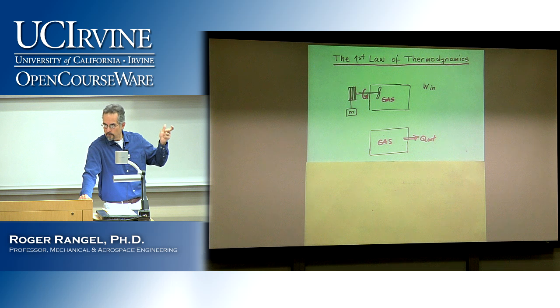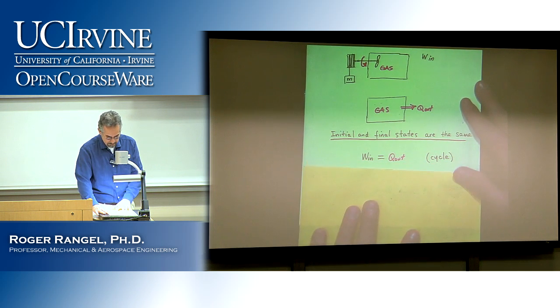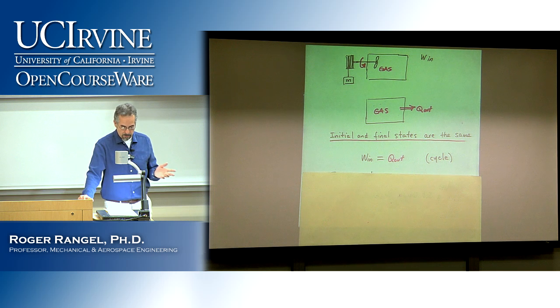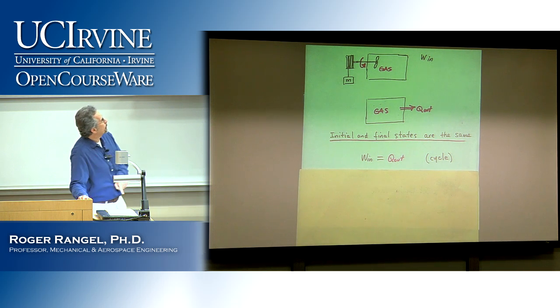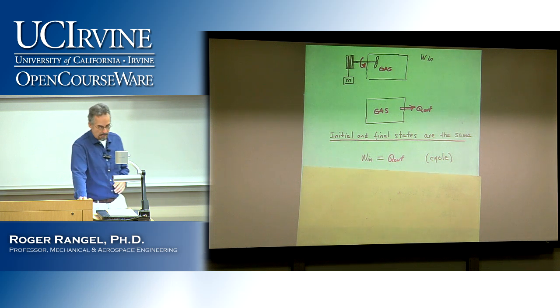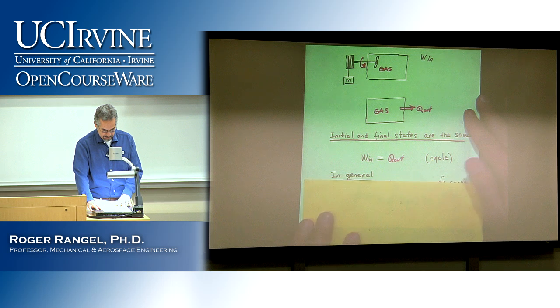And we call that type of process a cycle. Right? So this is a cycle. So initial and final states are exactly the same. And of course, if I do a very simple energy calculation, and I know that energy is conserved, I would say that all the energy that I put in the form of work must have come out in the form of heat transfer. So it's obvious that W in must be equal to Q out because this is a cycle. The initial and final states are the same.